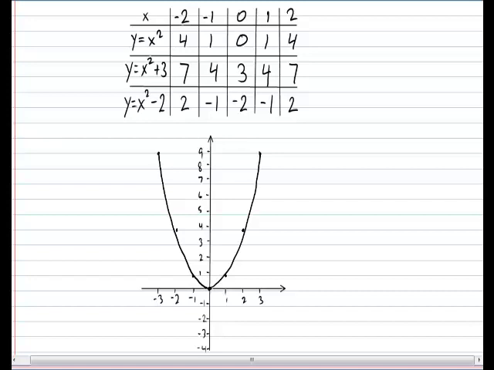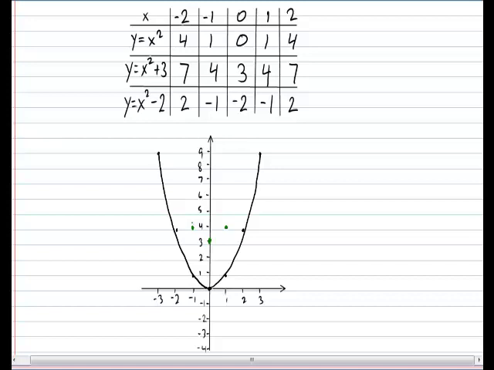Alright, now let's take a look at what the next parabola looks like. The one where I added 3 to x squared. I'm going to draw that one in green. So carefully put down all your coordinates. The coordinates are when x is 0, y is 3, right about there. When x is minus 1 and positive 1, both the y values are 4. So that'll be about there. About there. Alright.